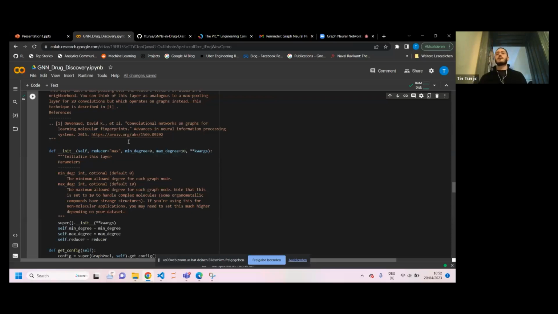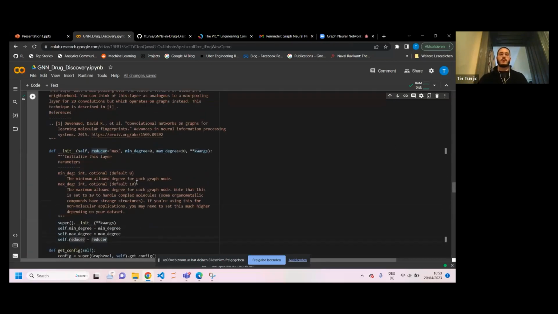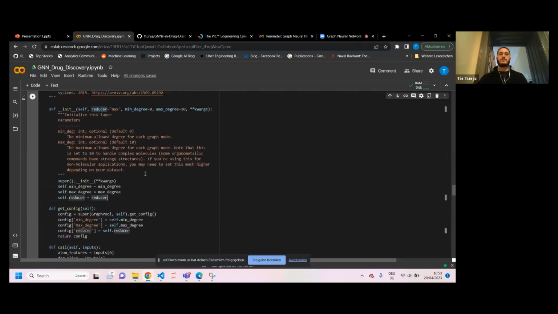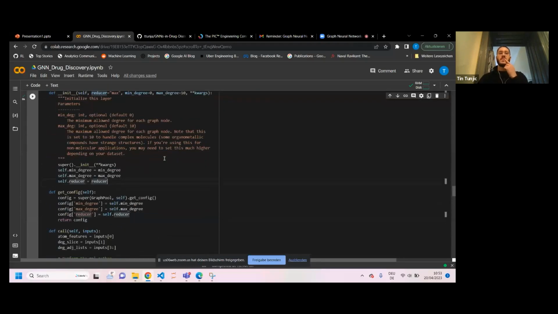Like I said before, for the convolution, we have the symmetric degree matrix, meaning we take the square root of the first degree matrix and the second degree matrix, but this is just taking one degree matrix of that node and basically just dividing the inputs with this degree matrix. I implemented this reducer as one additional parameter of our graph pool class.